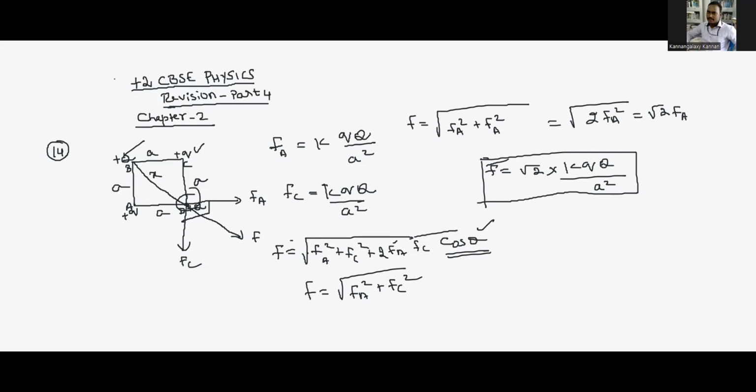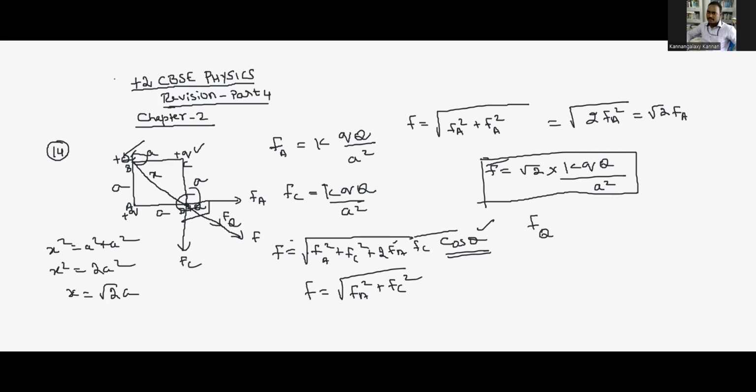If you call it x, x square is equal to A square plus A square, so x square is equal to 2A square and x is equal to root 2 times A. The force between this capital Q and this capital Q will be F of capital Q. It is a repulsive force in this direction only.